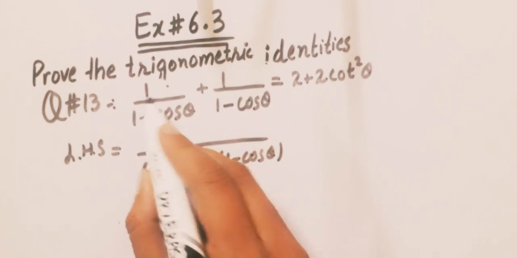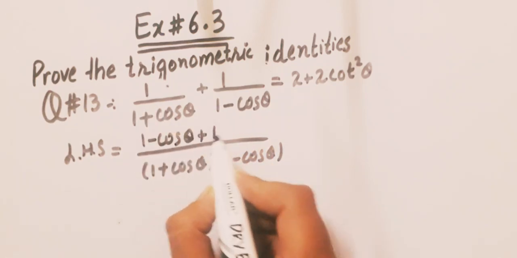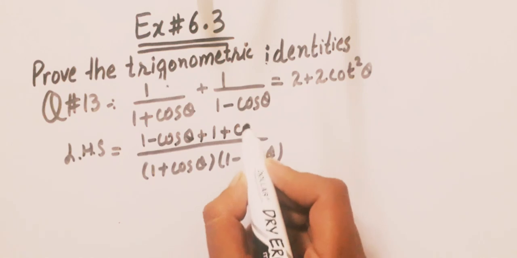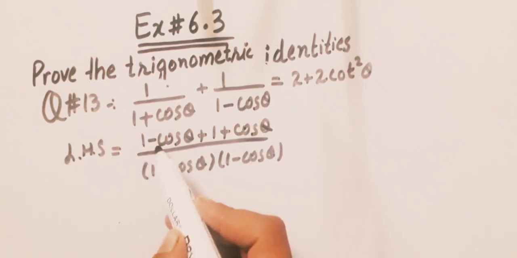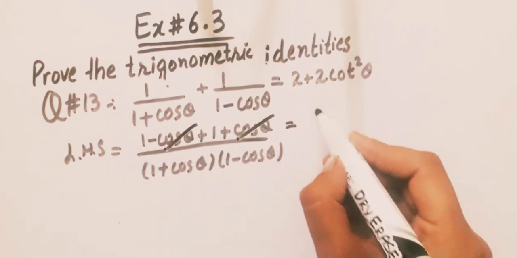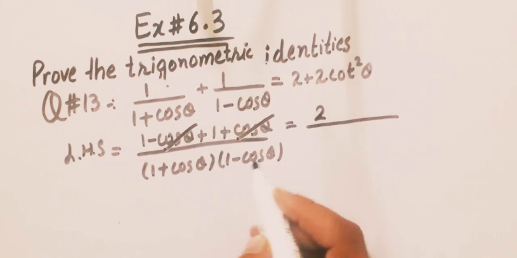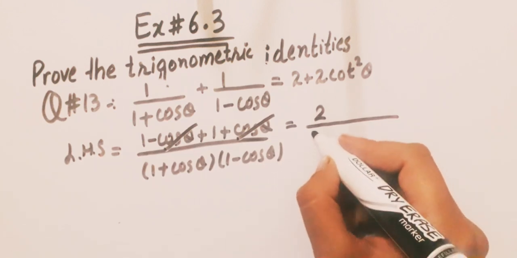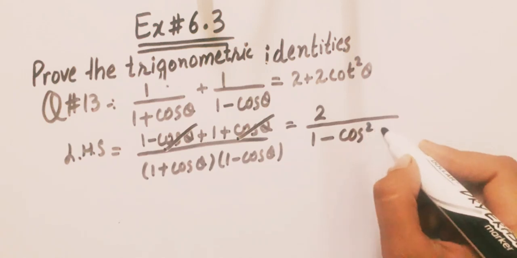Now we have 1 − cos θ plus 1 + cos θ. Now minus cos θ plus cos θ will be cancelled out and we have 2 by (1 + cos θ) into (1 − cos θ), which will become 1 − cos² θ.